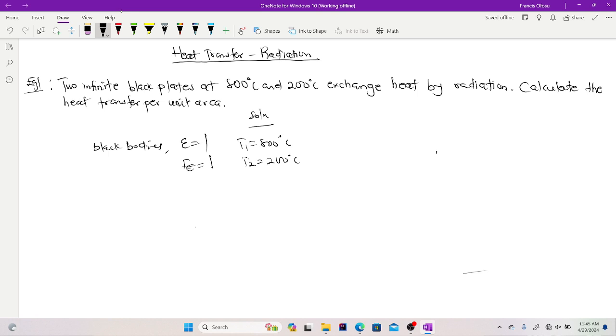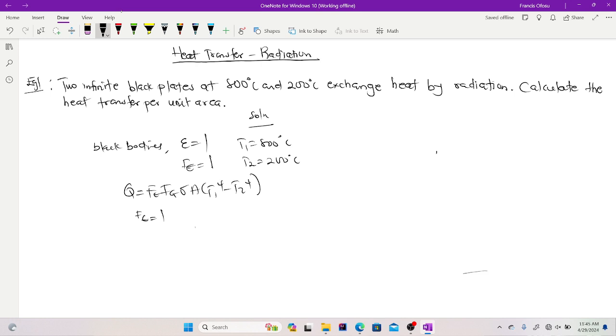Calculate the heat transfer per unit area. The moment you hear black plate, we are dealing with black bodies, so the emissivity is 1, so Fe is equal to 1. The moment you realize we are dealing with radiation, our Q is equal to Fe Fg sigma A (T1 exponent 4 minus T2 exponent 4). For black bodies, our Fe is 1, so that one is out.